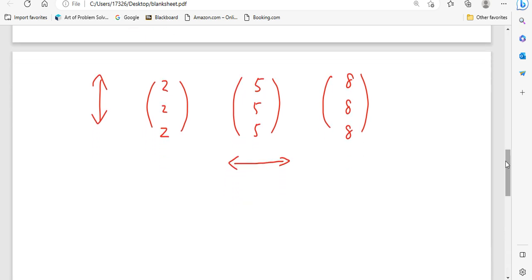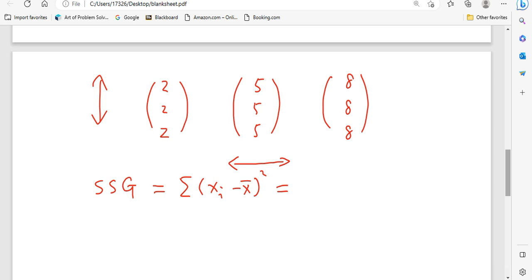So we can regard the data as 2, 2, 2, 5, 5, 5, 8, 8, 8. Then this SST becomes SSG, the sum of square from group. We use the same formula: each number minus the average, squared. The average is still 5.